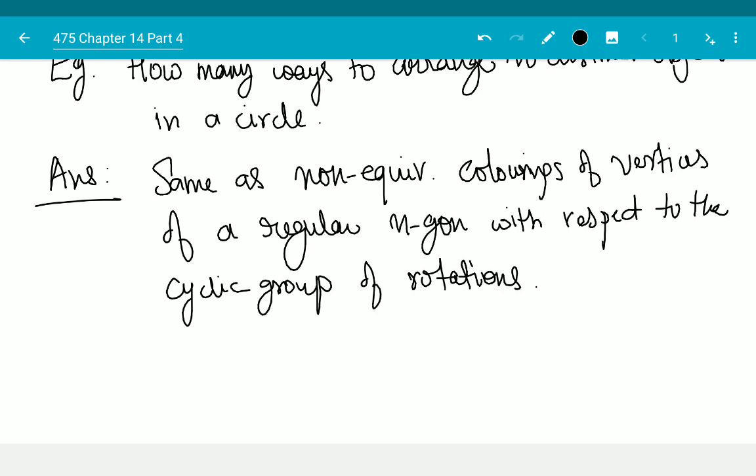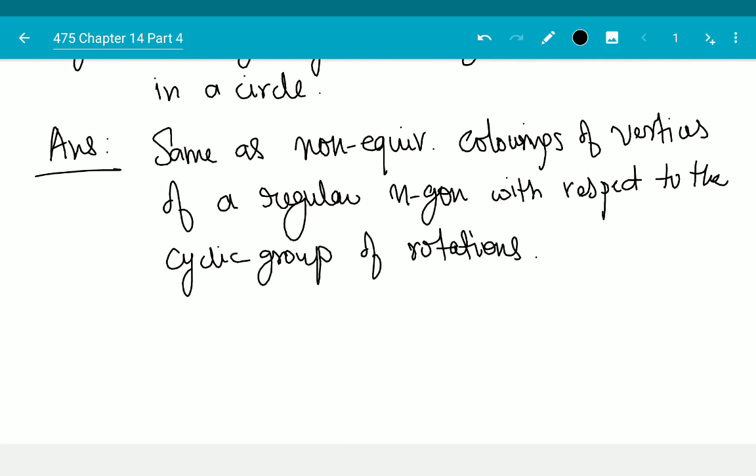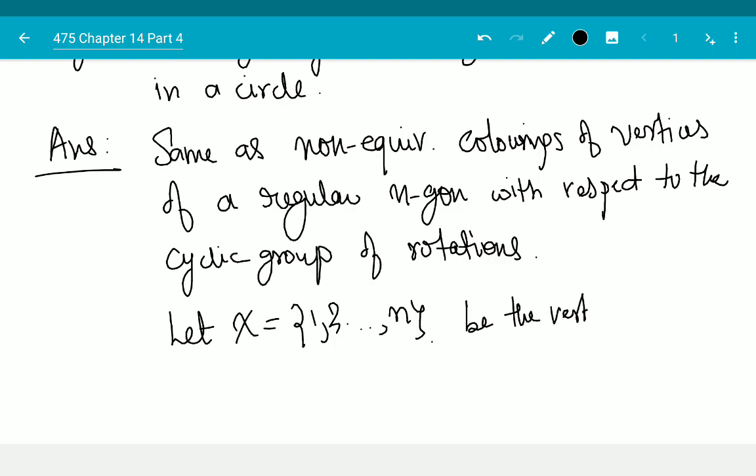How many rotations are there? Okay, well, let X equal 1, 2, dot dot dot n be the vertices, and there are n colors.